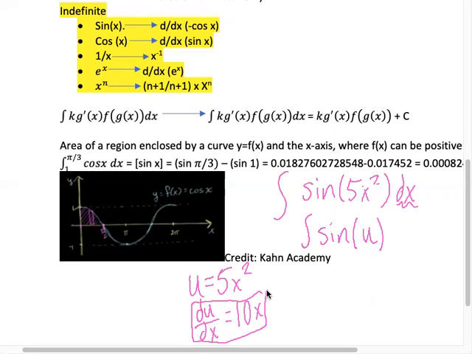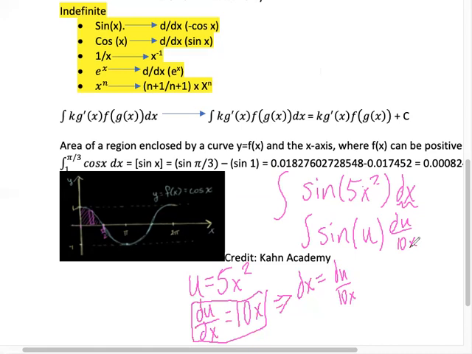So if I solve this for dx, this is the same thing as du over 10x. There we go. Here, and then I would have du over 10x.